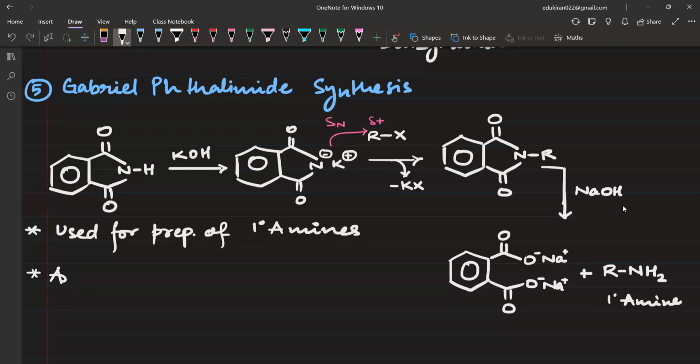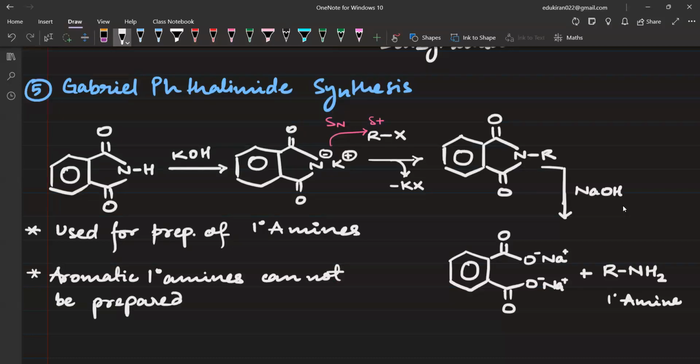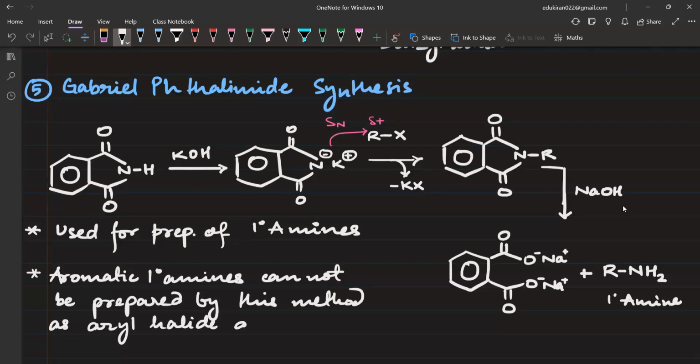Next point, aromatic 1 degree amines cannot be prepared by this method, as aryl halides don't show nucleophilic substitution reaction.